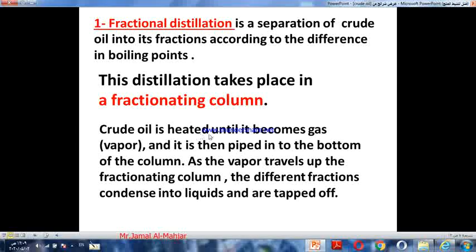Crude oil is heated until it becomes gas or vapor, and it's then piped into the bottom of the column. As the vapor travels up the fractionating column, the different fractions condense into liquid and are tapped off.